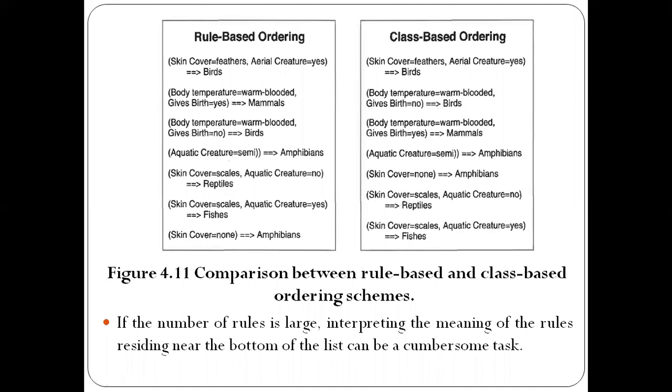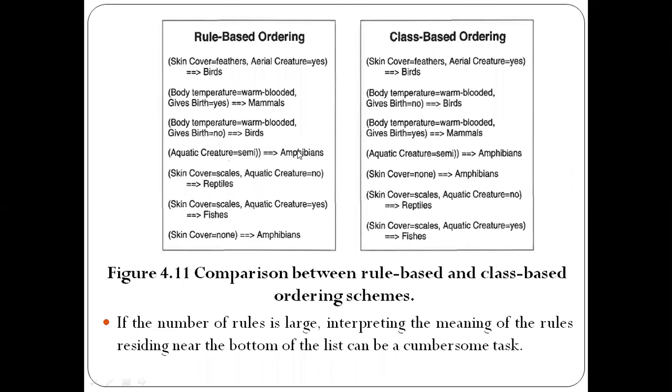But the disadvantage is, if we consider the lower ranked rules here, they are very, very difficult to interpret because they will be assuming the negation of the rules that are going to appear above them. For example, if you consider aquatic creature is equal to semi-aquatic, amphibians, then it is going to assume that this vertebrate doesn't have any feathers and it cannot fly, and body temperature is warm blooded, and it is semi aquatic.